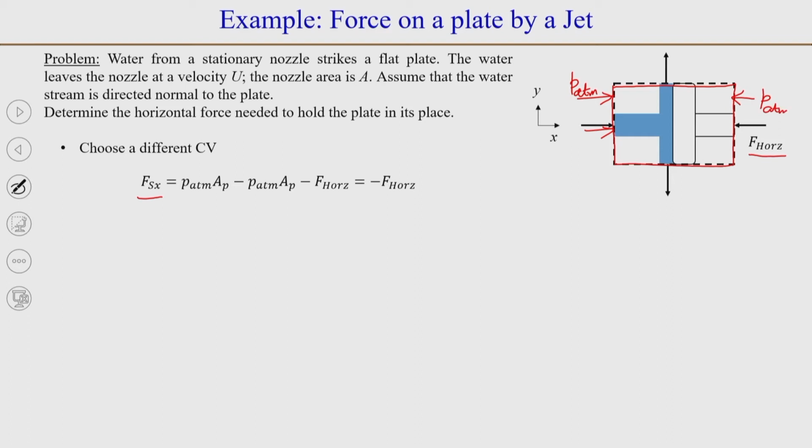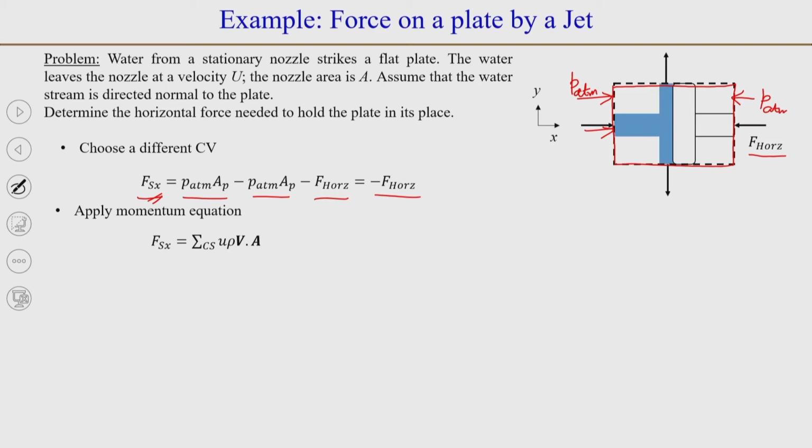So, the pressure force on the left side and the pressure force on the right side will cancel out, and the reaction force does not come into the picture here. So, you have the net force in the x direction equal to minus F horizontal. You can substitute this in the momentum conservation equation.